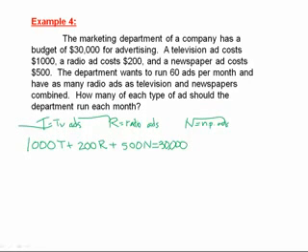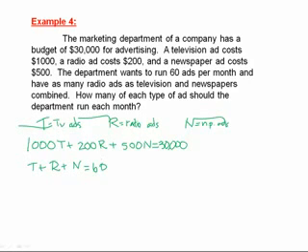The next equation says it wants to run 60 ads per month. So we're going to go over and we're going to write a new one. Okay, so we want all of them to add up to be 60 a month. So we're going to do television plus radio plus newspaper needs to be 60 ads.